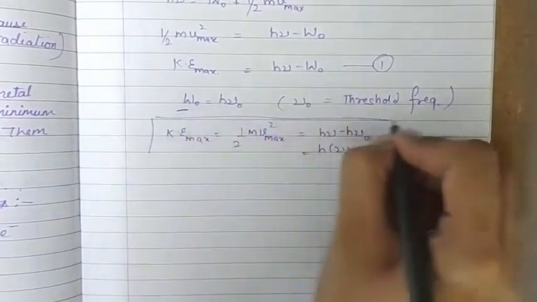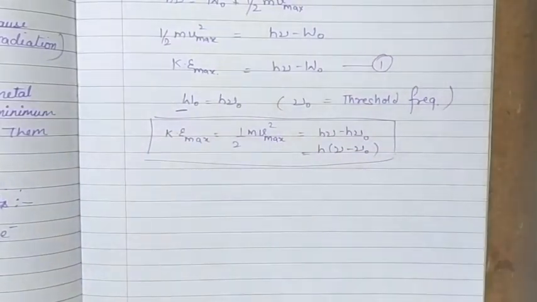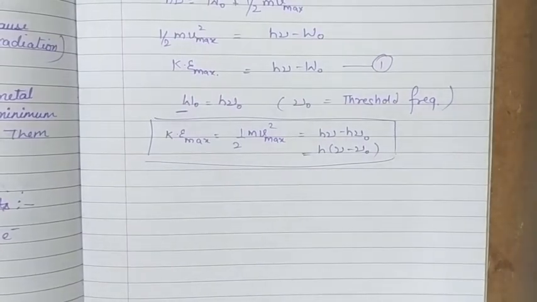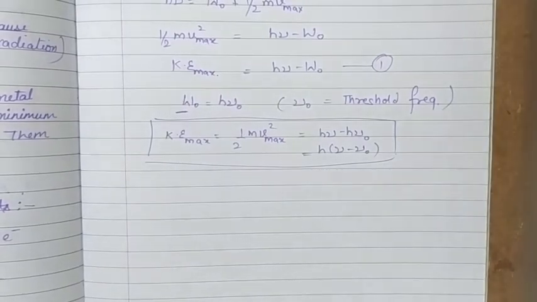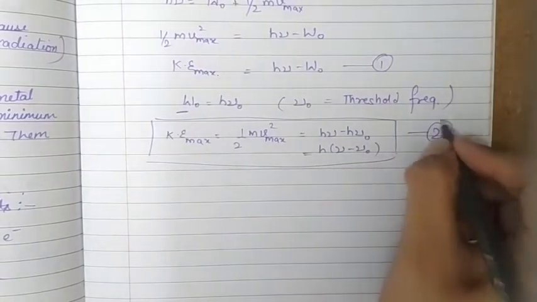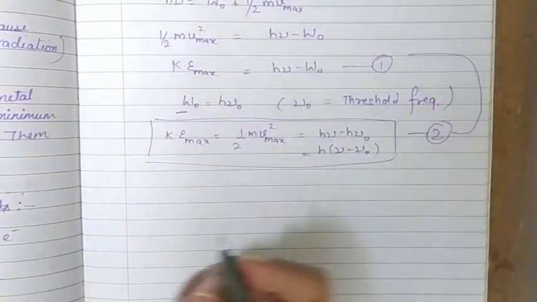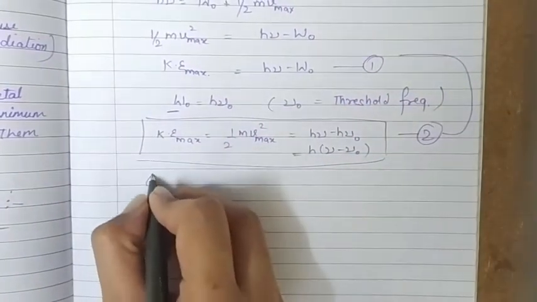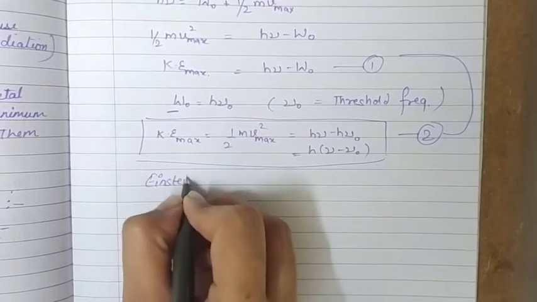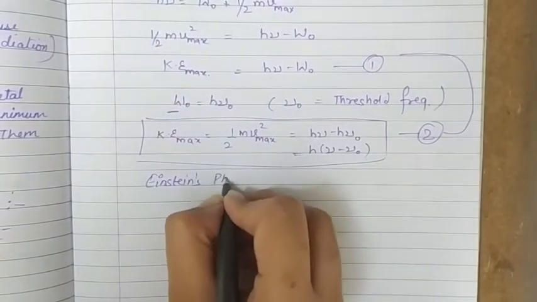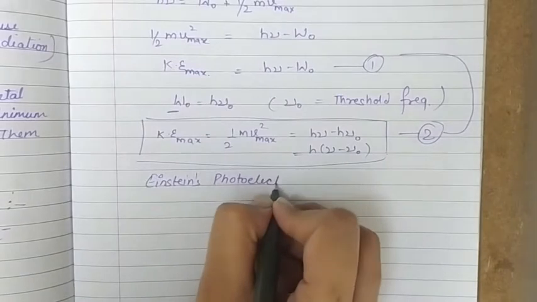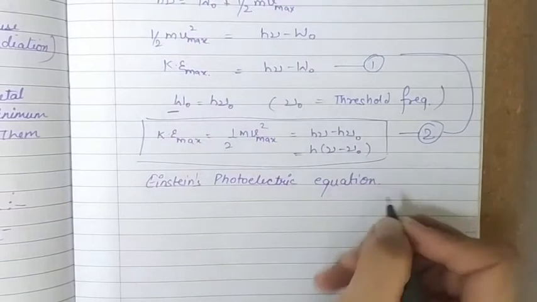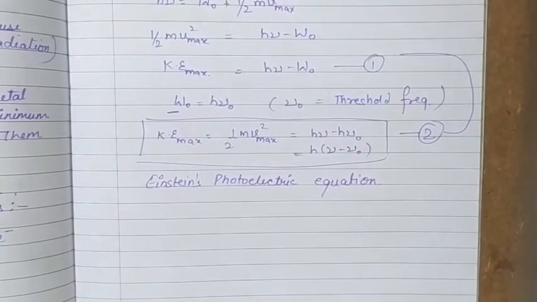This is the main equation that we use further, and it is called Einstein's photoelectric equation. Equations 1 and 2 are both called Einstein's photoelectric equations, because they are the same equation, we just put the value of W naught here. So this was Einstein's theory for the photoelectric effect.